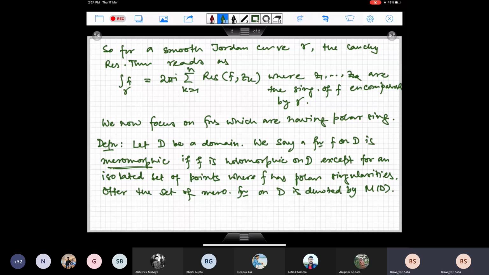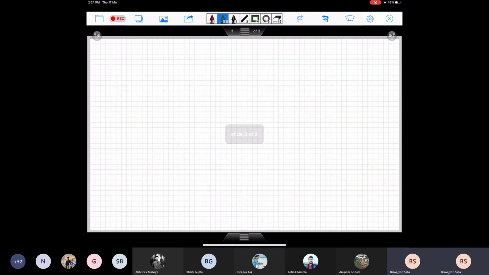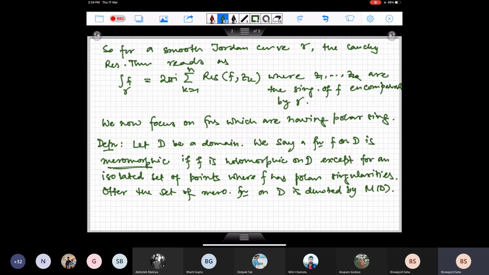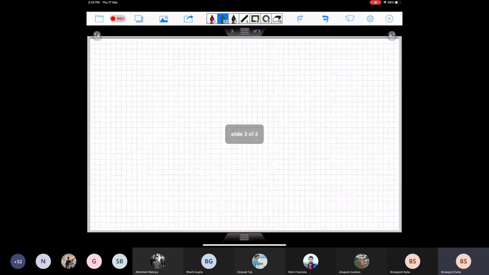We will be mainly focusing on these kinds of meromorphic functions. So let's see. Now comes the first application of the Cauchy residue theorem. Is the definition of a meromorphic function clear? Yes, sir. Okay, fine.